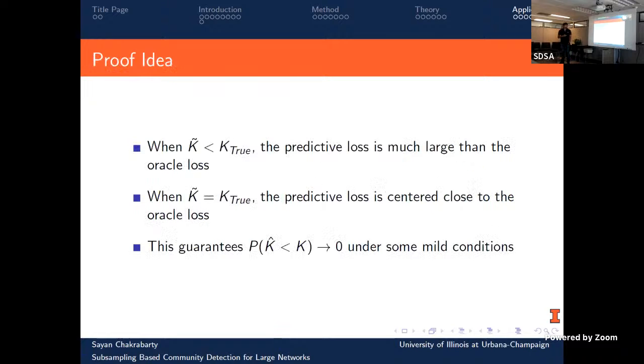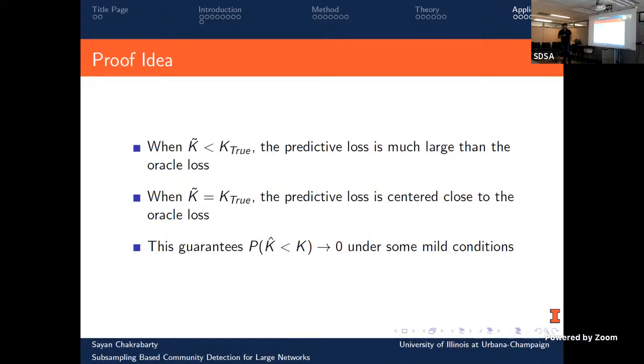And there's a common proof technique that both the papers used and I'm also using. When the candidate value is smaller than the true value of k, we can show that the predictive loss is much larger than the oracle loss. Oracle loss is where we assume that we know the expected adjacency matrix and we compute the loss based on that.